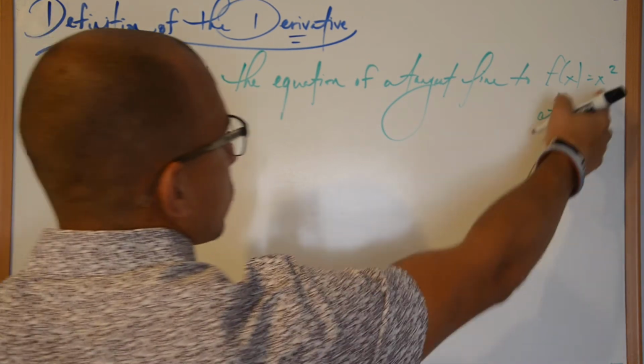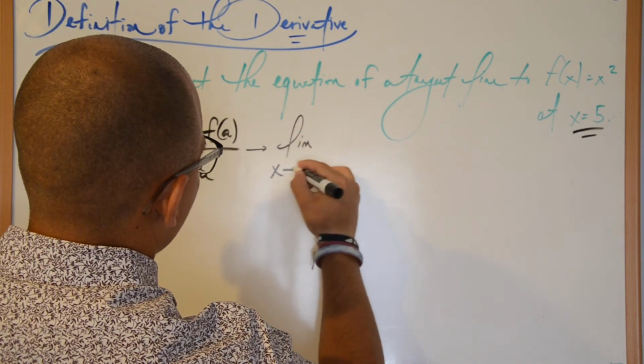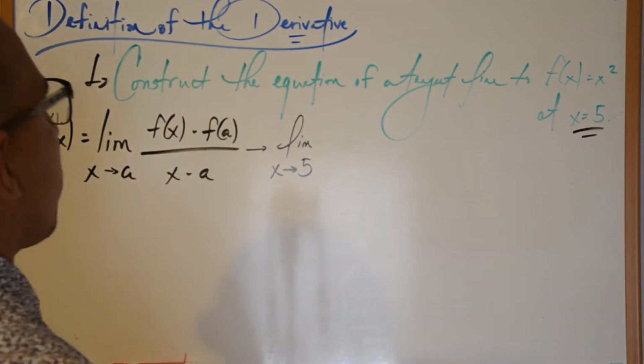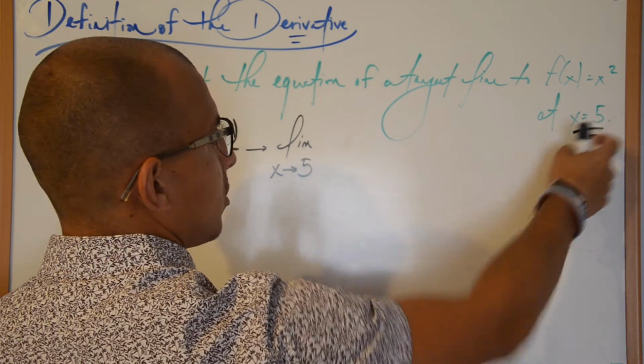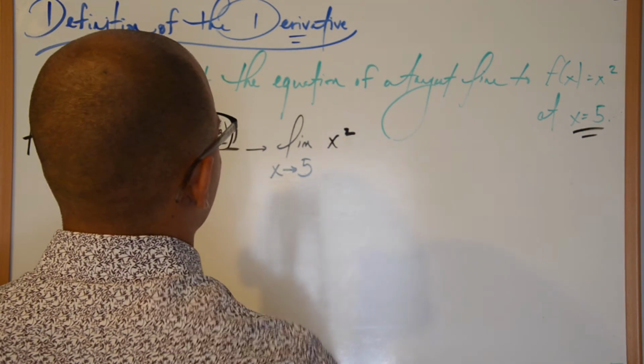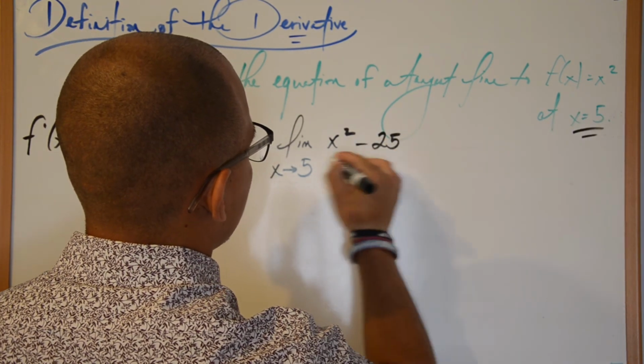F of x we know is x squared. Let's get into this habit of always rewriting our limit as x approaches 5, our defined point that we want the tangent line at. So f of x once again is x squared minus f of a. So 5 times 5 is 25.